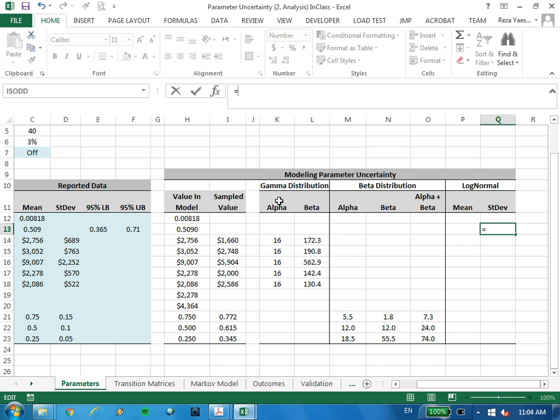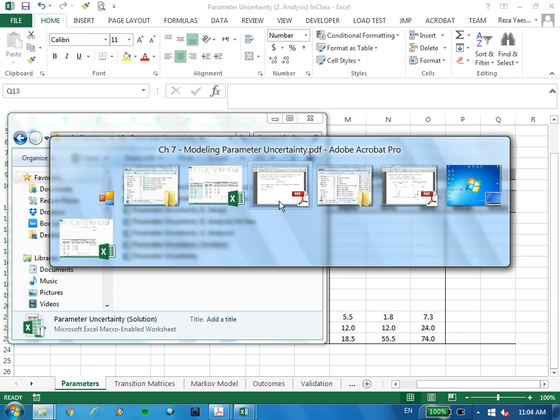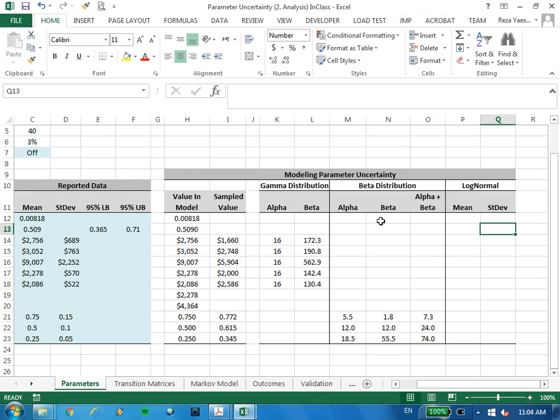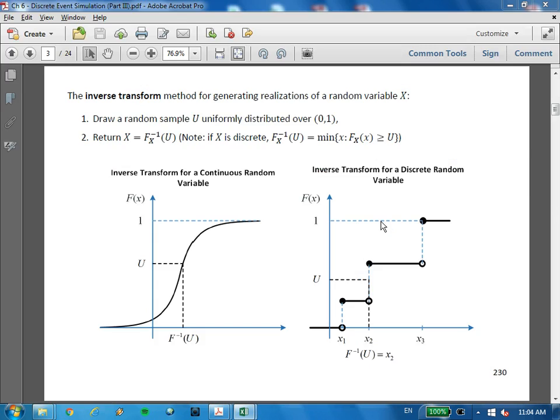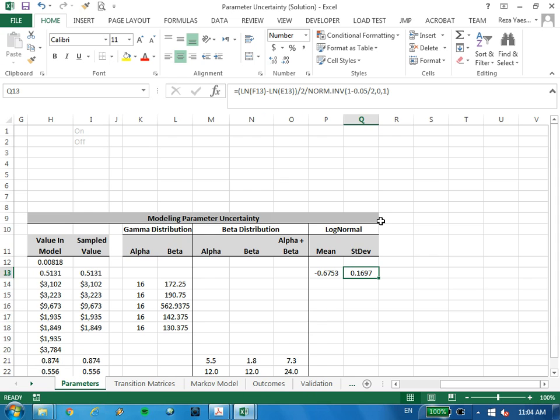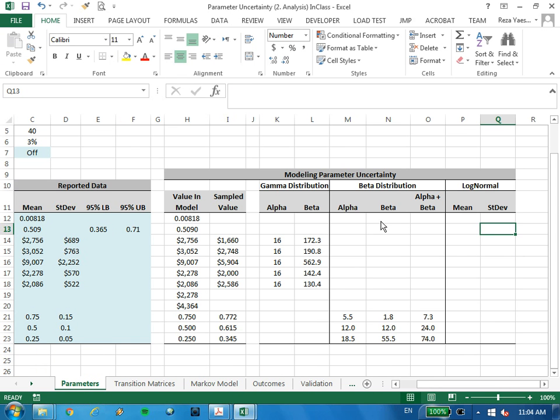So the standard deviation, we take the ln of the upper bound minus the ln of the lower bound. We divide it by 2.